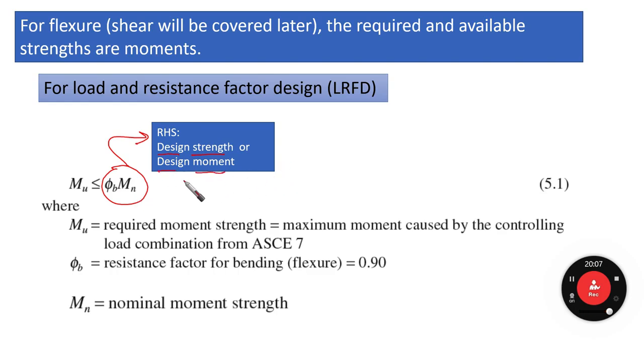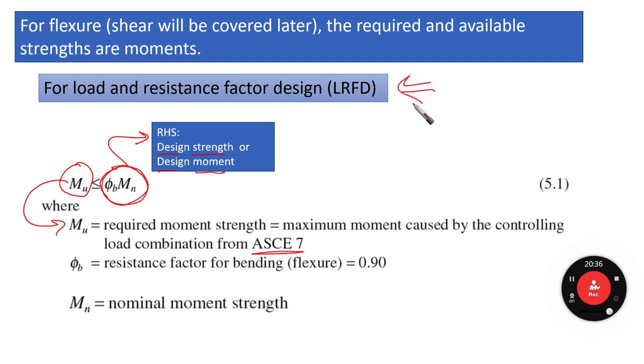Both are okay. So phi b times Mn is the design strength or design moment. The left hand side of the equation is the required moment strength, which equals the maximum moment caused by the controlling load combination from ASCE 7. This is how we can work with the flexural strength with LRFD.